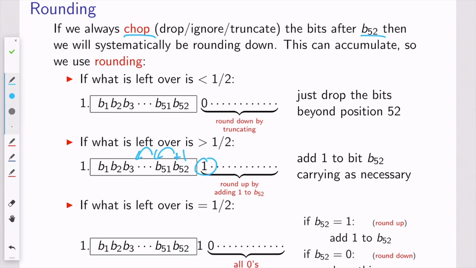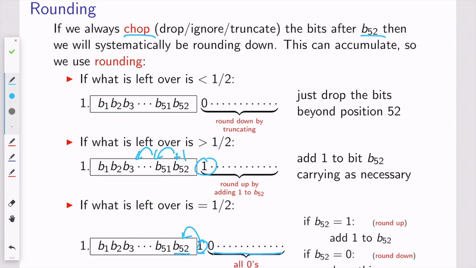And then, of course, there's a special case where you have something that's a 1 followed by all zeros, all following the 52nd bit. And that's exactly the borderline between the two previous cases. And this is going to seem really weird, but what you do in this case is that if the 52nd bit is 1, then you take this one and you add it here.